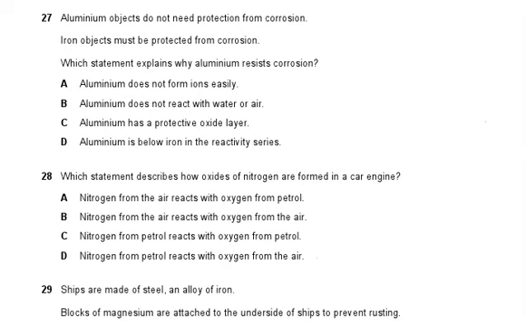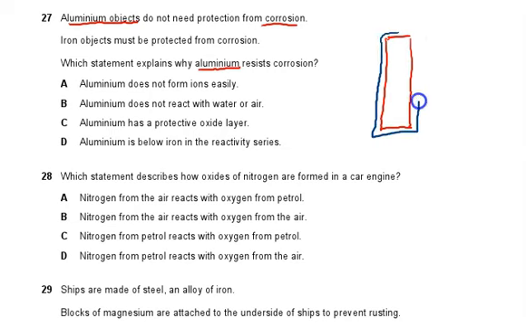Number 27. Aluminium objects do not need protection from corrosion. Iron objects must be protected from corrosion. Which statement explains why aluminium resists corrosion? When you place a bare fresh aluminium plate, day by day it will form a layer of aluminium oxide to protect the aluminium from corrosion.